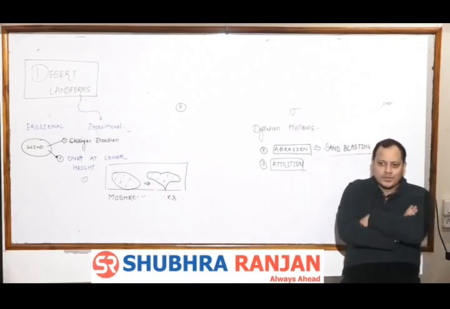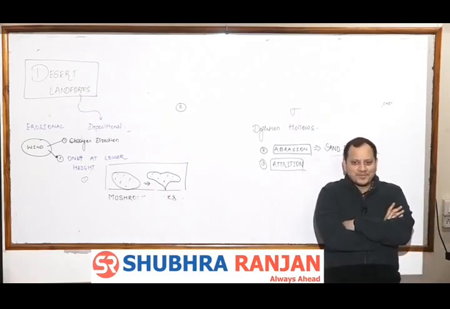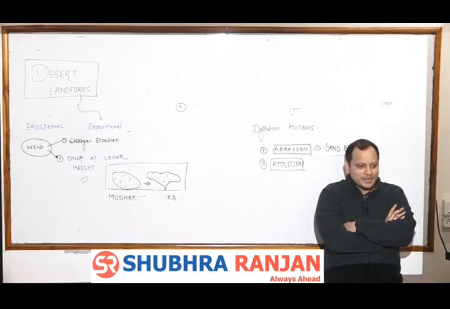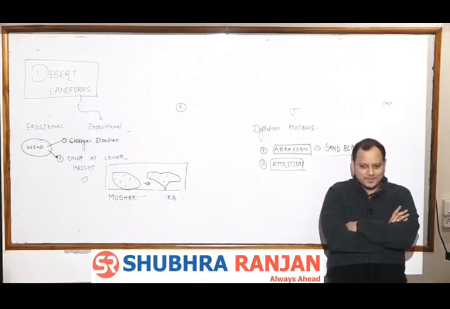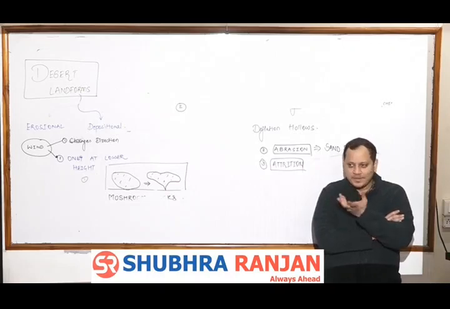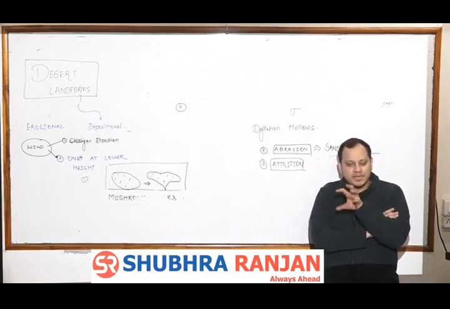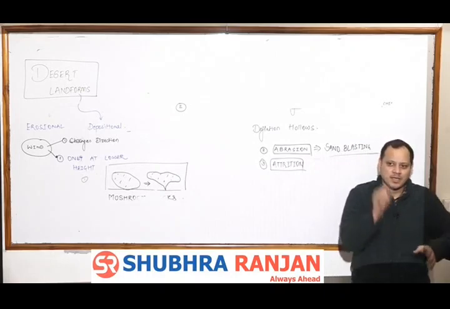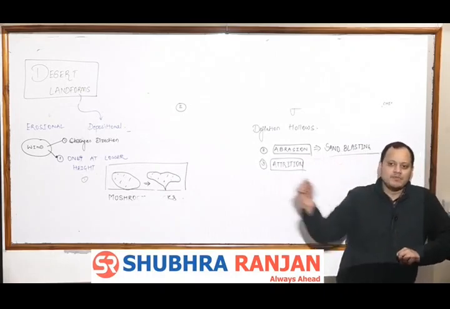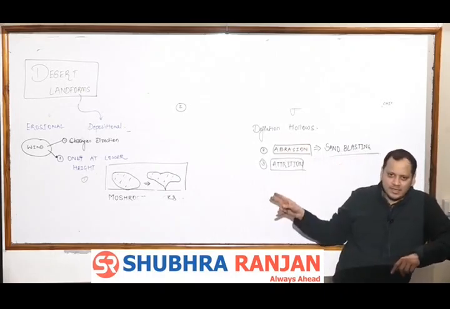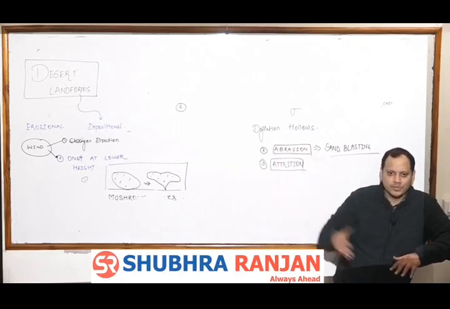A fourth, you tell me true or false. Solution: will it be a mechanism in desert? No. Where will solution be? In rivers. Questions like this come in prelims: which of the following is a mechanism of wind erosion in deserts? They will give deflation, abrasion, attrition, solution.